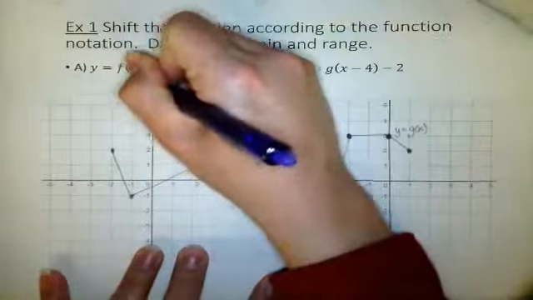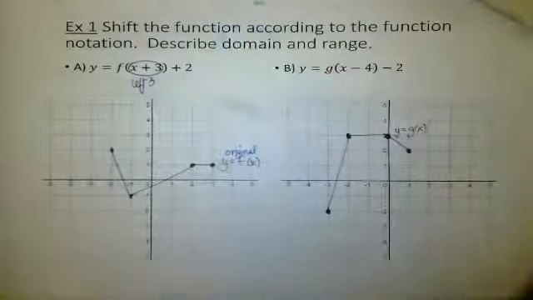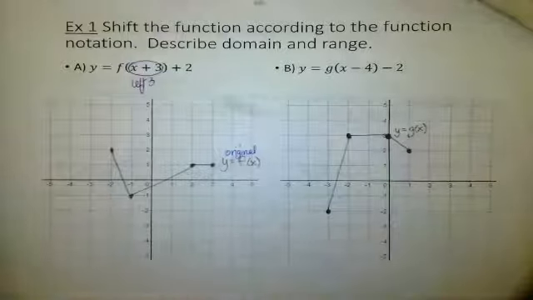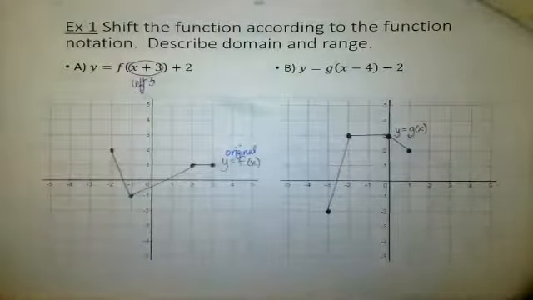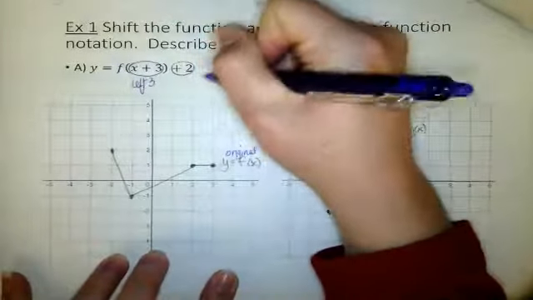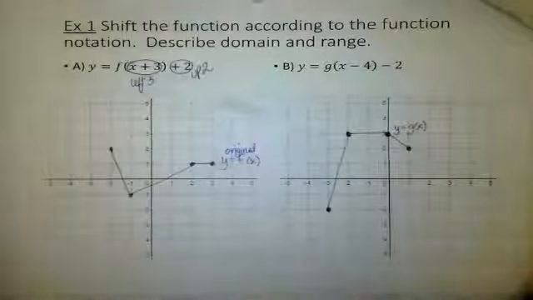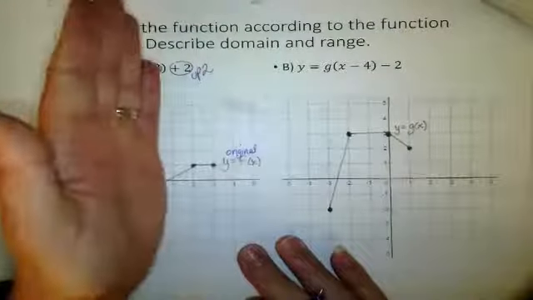Left 3 units. That's exactly right. That 3 is inside the parentheses, inside with x, so it's moving it in the x direction. All right. What does the +2 do? Up 2. Again, it's on the outside of the function, and outside is going to affect us in the y direction, up and down.